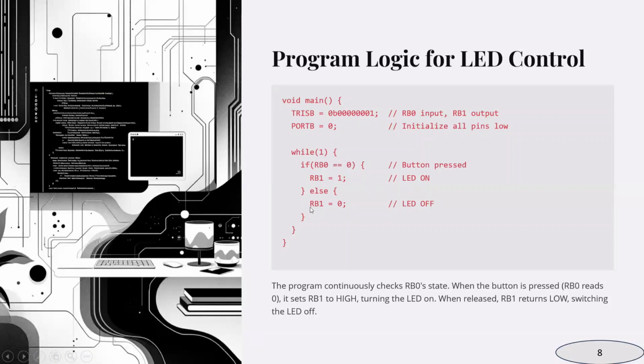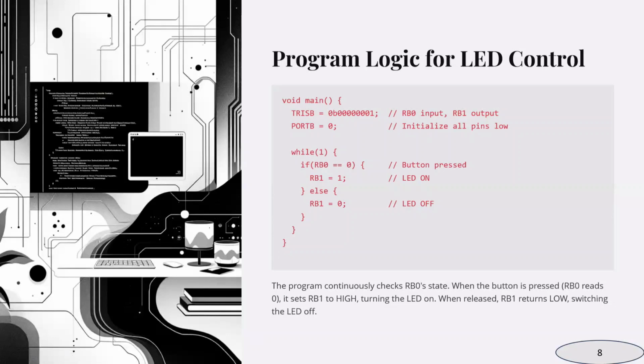If RB0 is high, the RB1 pin should be low, that is, the LED should be off. Then you close these brackets. This is the program to control the LED using a switch and microcontroller.